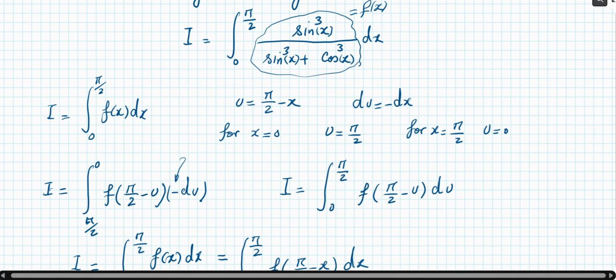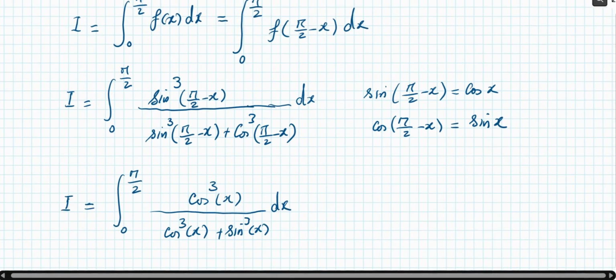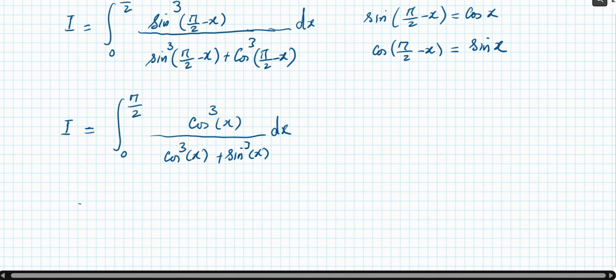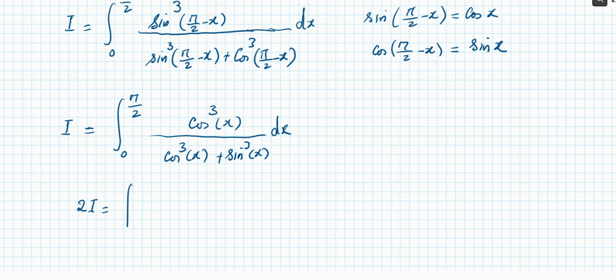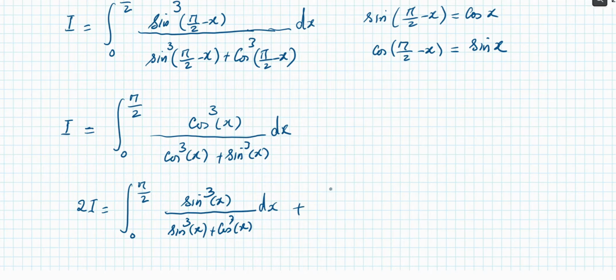So we add these two I together: the original version, which is sine cube of x over sine cube of x plus cosine cube of x dx, and this new version that we just got here.